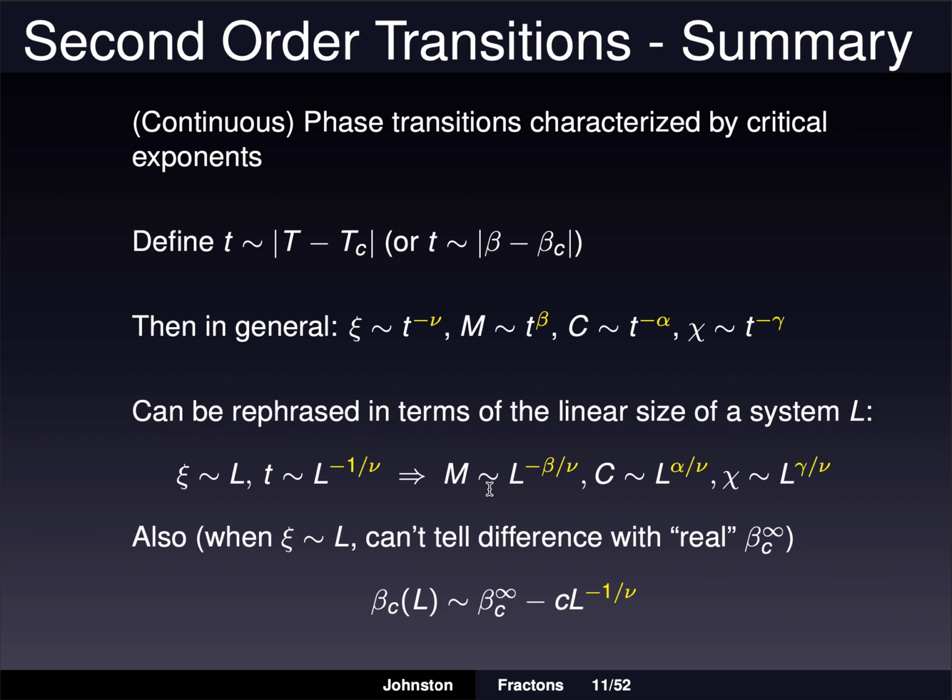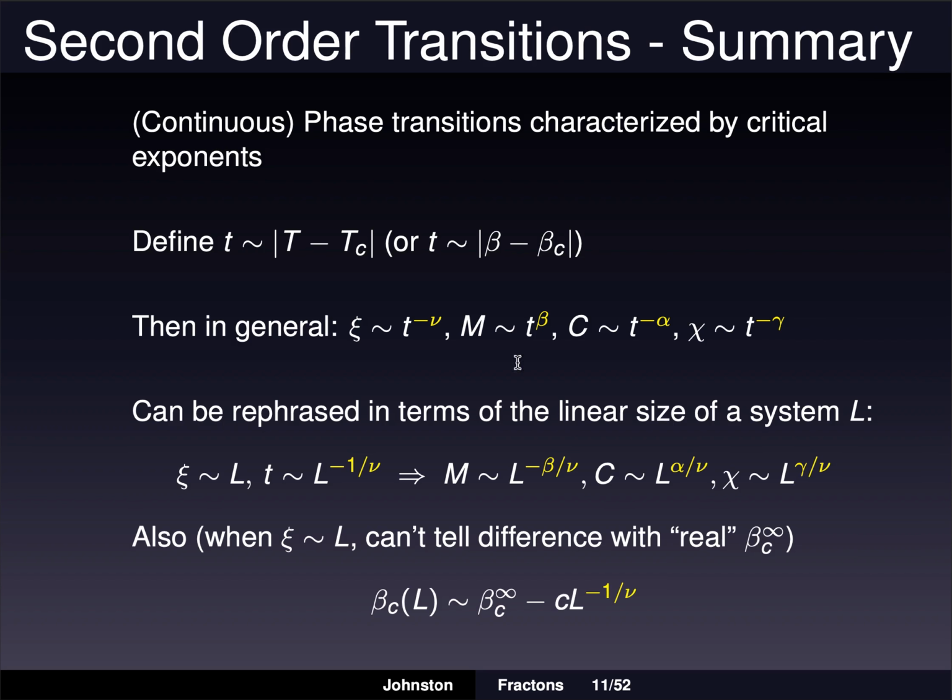And one way of doing this is to notice that whenever the correlation length is of the order of the size of the lattice, we can't tell the difference between the beta that we think is the critical point, and the real infinite volume beta, which I'll call beta infinity here.